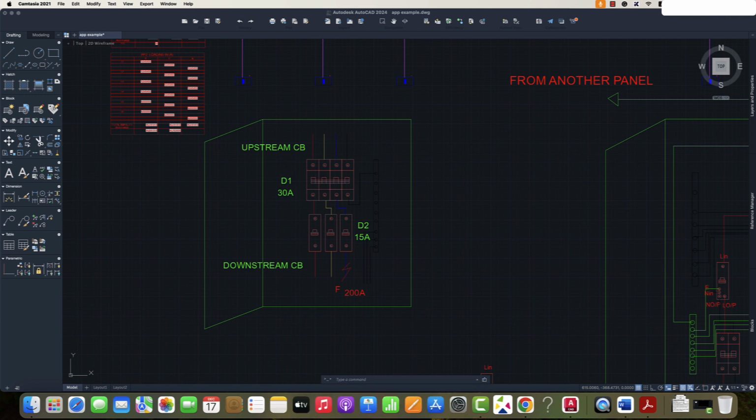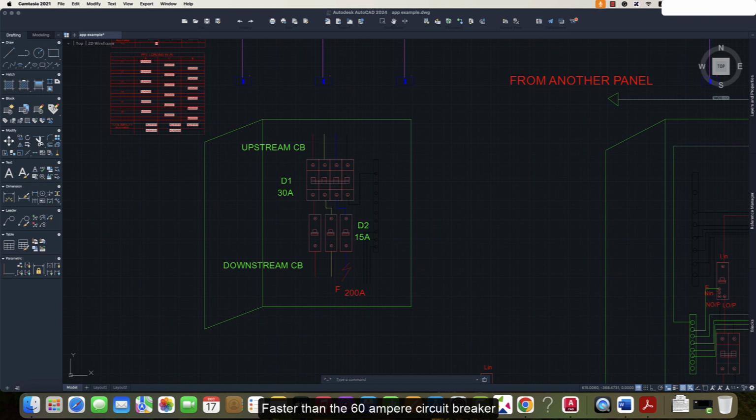For instance, a fault current of 200 ampere will cause a 15 ampere circuit breaker to operate in about 0.1 seconds, a 30 ampere circuit breaker in about 0.4 seconds, and a 60 ampere circuit breaker in about 5 seconds. So the 15 ampere circuit breaker responds faster than the 30 ampere circuit breaker, which is faster than the 60 ampere circuit breaker.